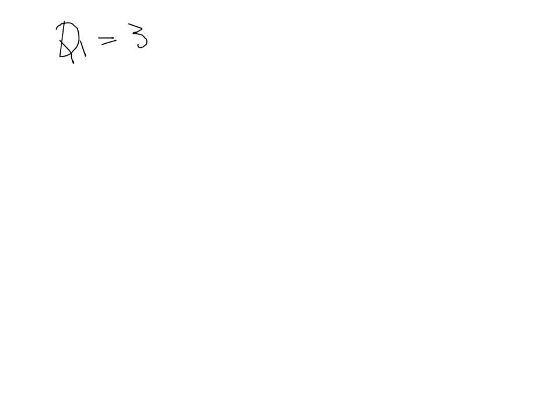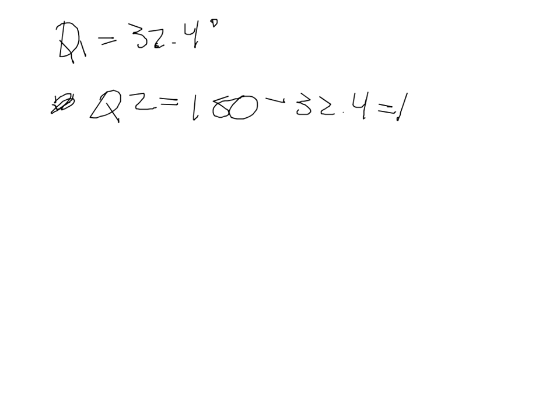So the quadrant 1 angle is 32.4 degrees. So the quadrant 2 angle is 180 minus 32.4 equals 147.6. And so now we're going to take 147.6 plus 12.4 plus 20, and we'll see what that adds up to.